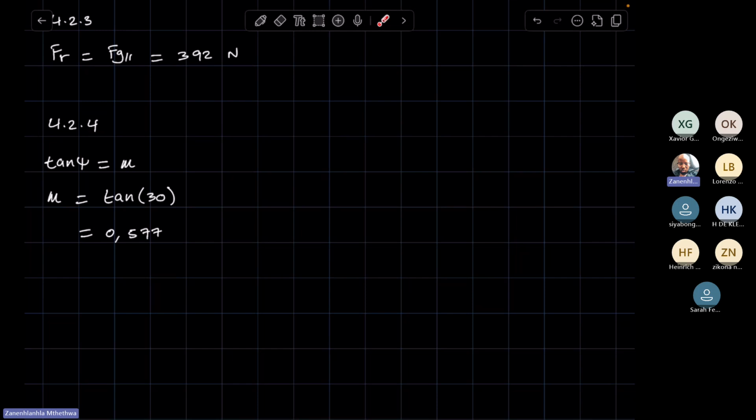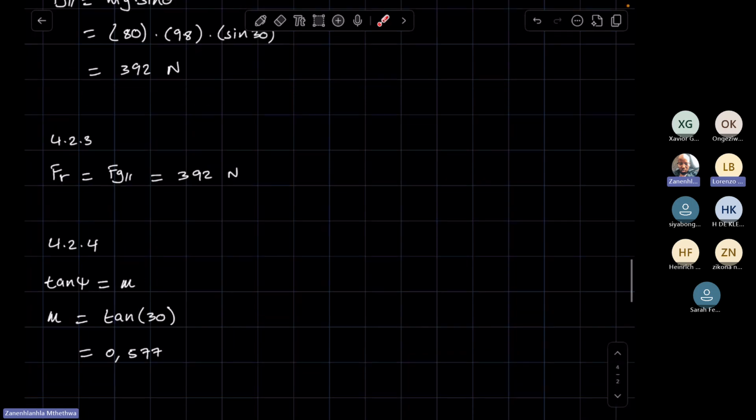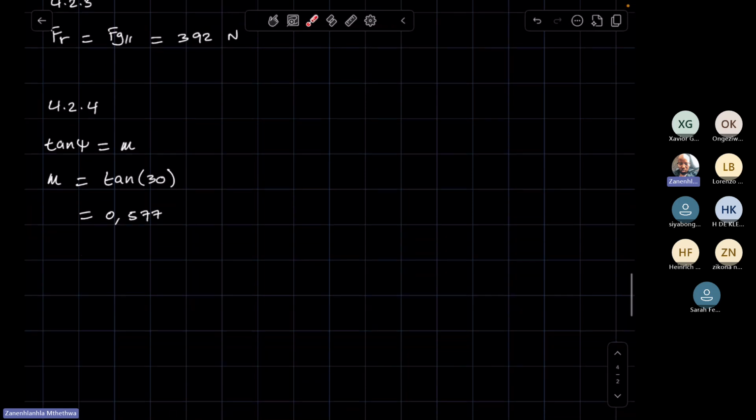Right? Coefficient of friction is dimensionless. It has no dimensions. So the answer here is simply 0.577. Are you guys getting the same thing here? Yes. Right.